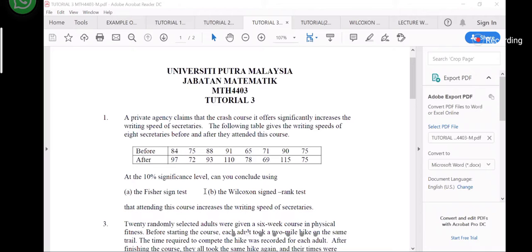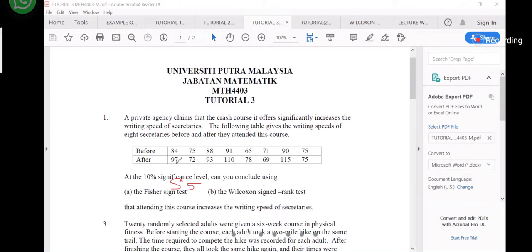So for the Fisher sign test, the S star here, what do you get? 5, isn't it? For Fisher here, you should get S star equal to 5. We use after minus before.